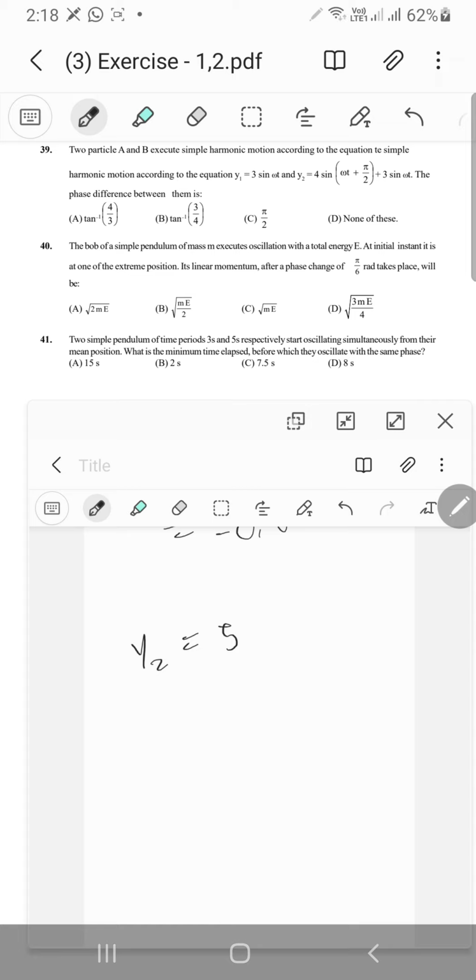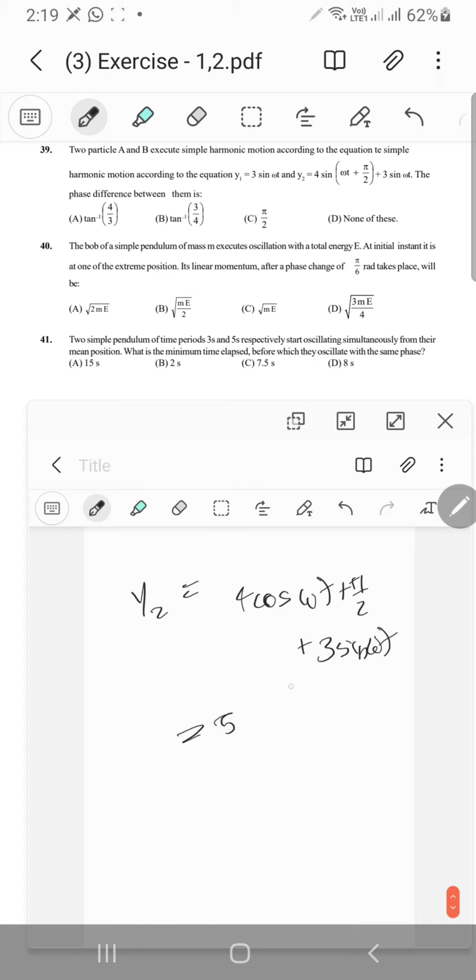This is weird. It's actually more like 4 cosine of omega t plus 3 sine of omega t, which is 5. Sorry, it's not plus pi by 2 or anything, it's just omega t.